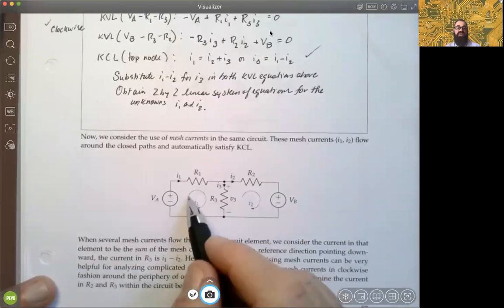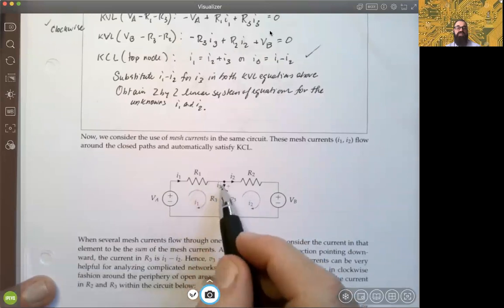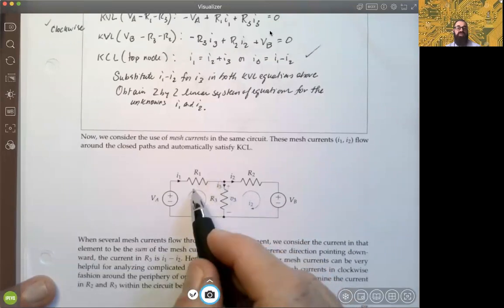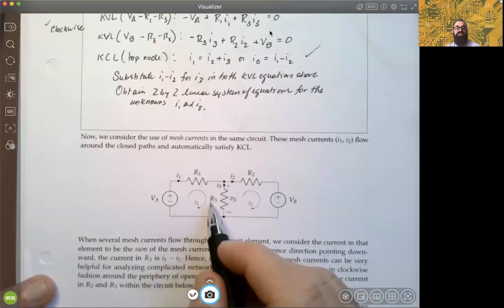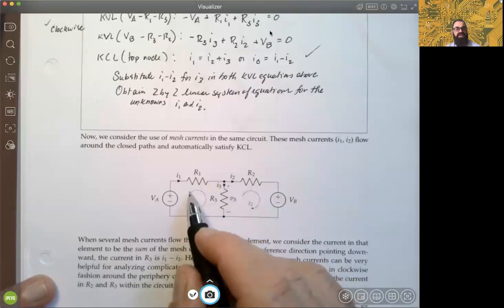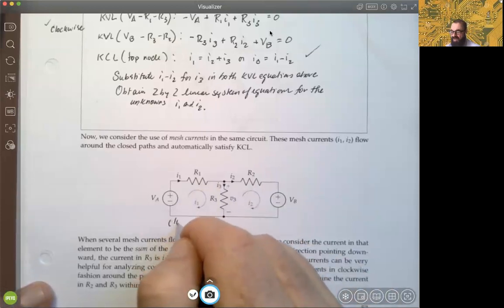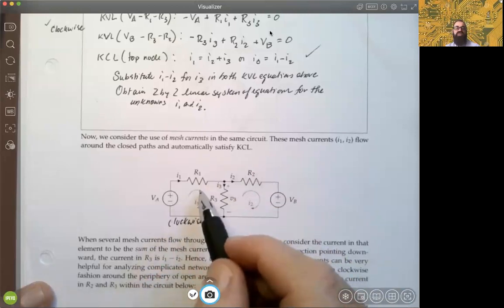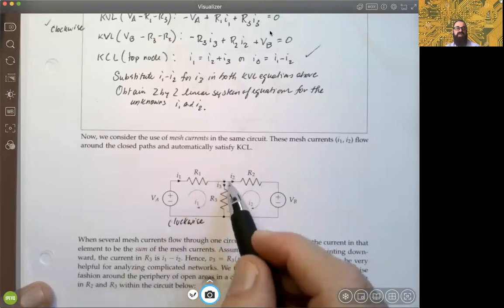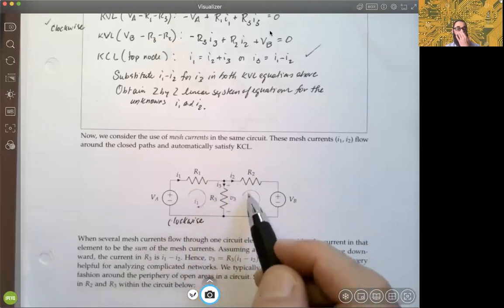If this is plus and minus in terms of the voltage, this is PRC, so we'll let this one be the positive one, and this will be the negative one. Typically we make our mesh currents clockwise. It's a nice convention; they don't have to be. If it's a clockwise mesh current, then this one makes the resistance PRC, and this one is not, okay? So this one's sort of opposing.